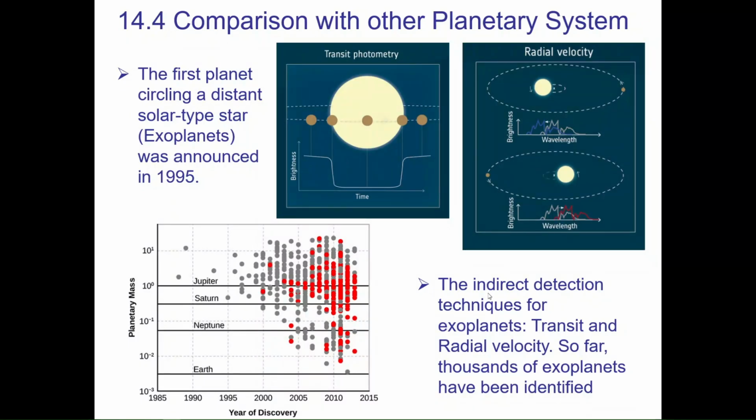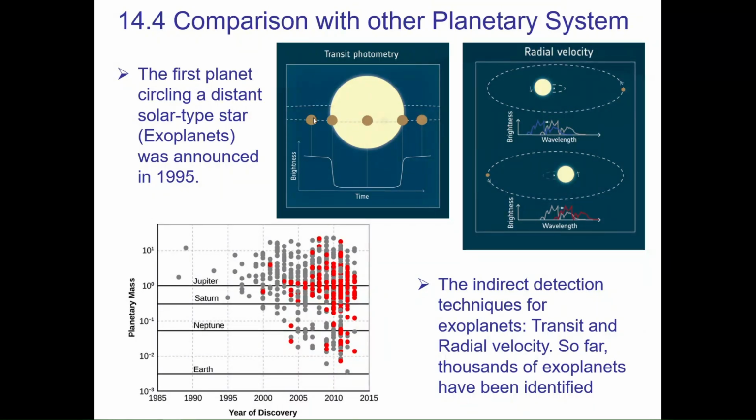So let's talk about two of the most popular techniques to detect exoplanets. The first one is called transit photometry. When an exoplanet orbits its parent star, we look at their overall brightness.